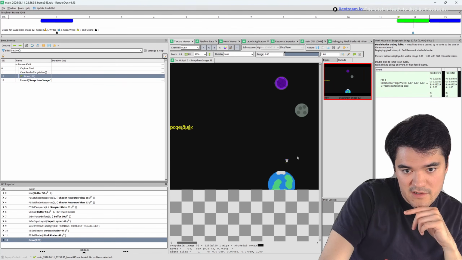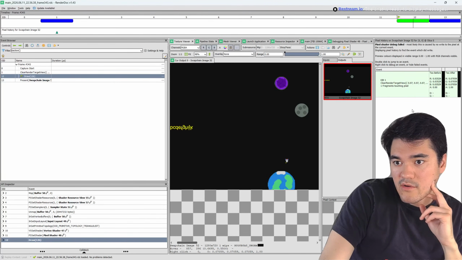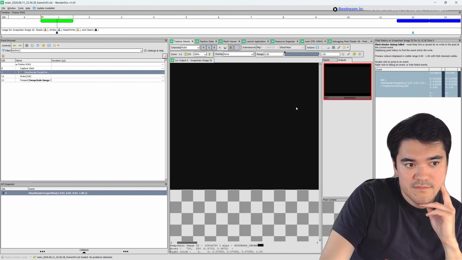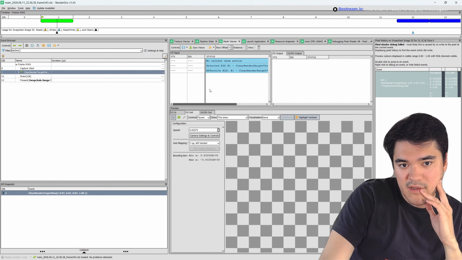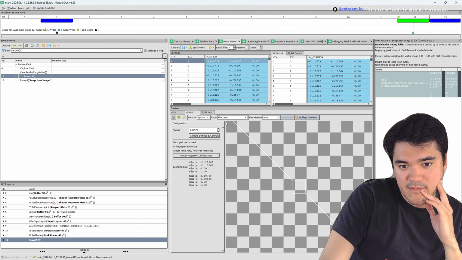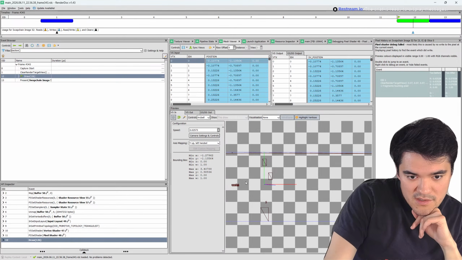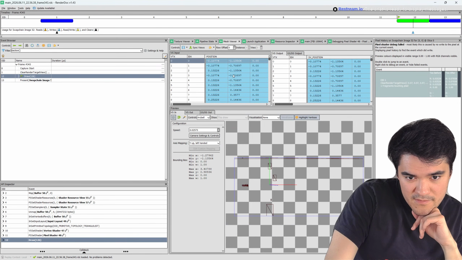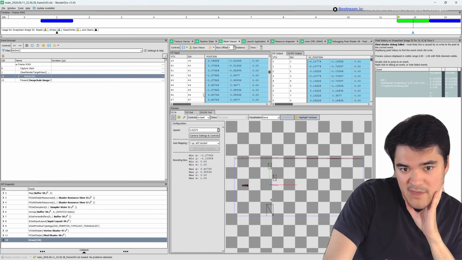What pixel is this? Oh, okay, interesting. I just want to know. Min X, which vert has the max X here?